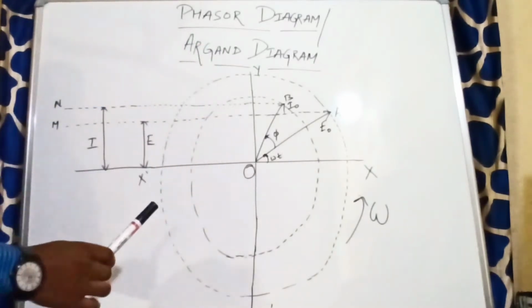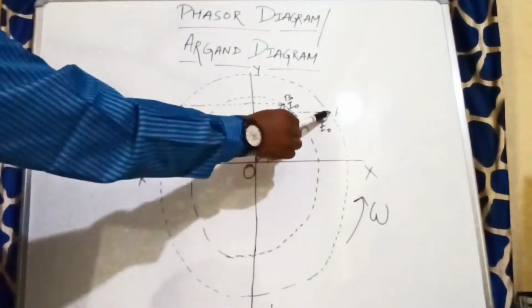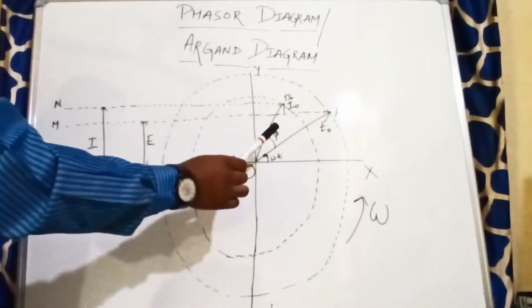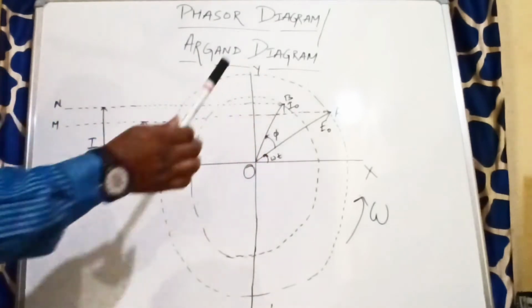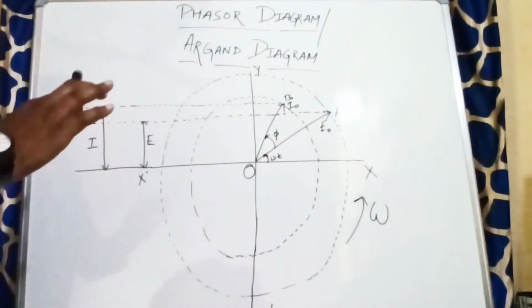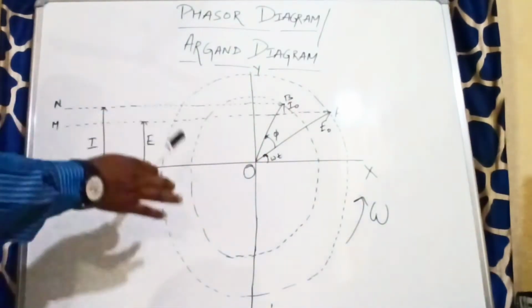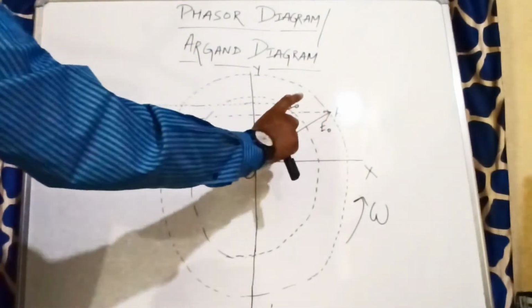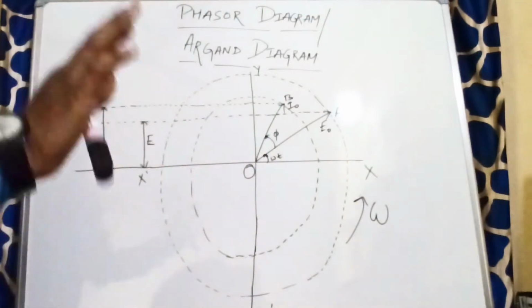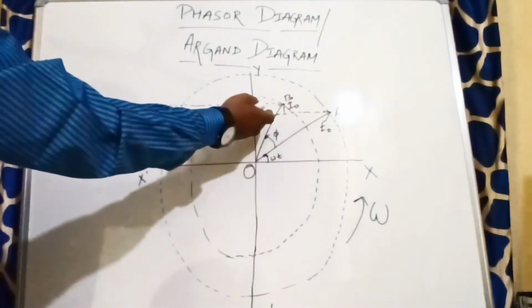So what happens here, the length of these two phasors, I naught and E naught, voltage and current, is the amplitude of the current and voltage in case of the phasor diagram. This length OA and OB represents the amplitude of the EMF and current.